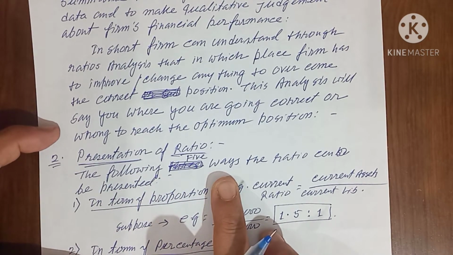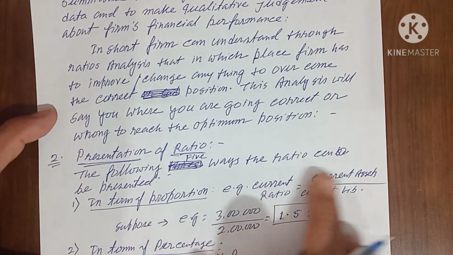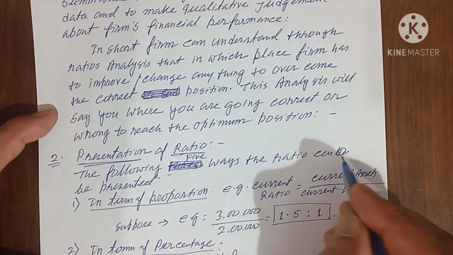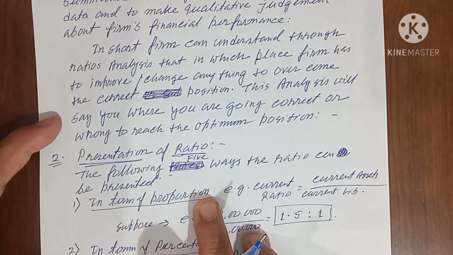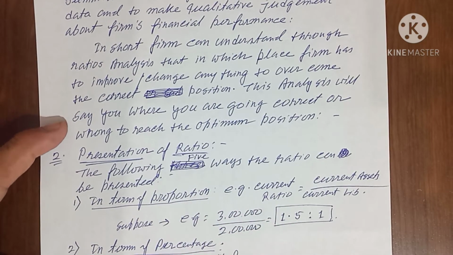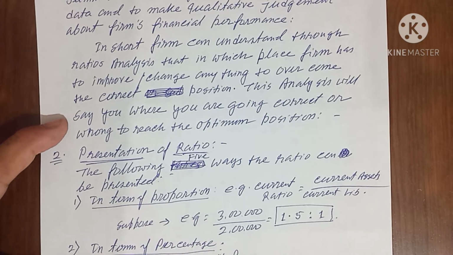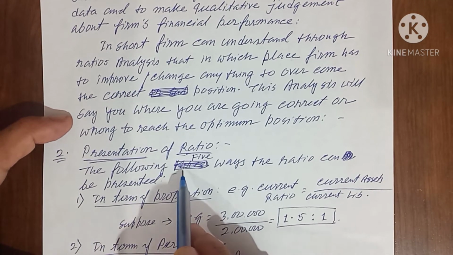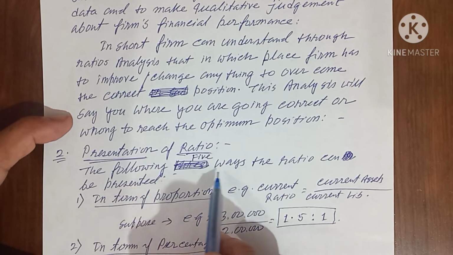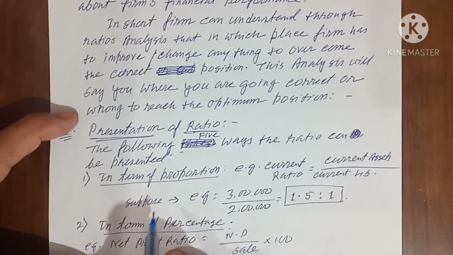In total there are 5 ways that a ratio can be presented. So you can present the ratio in 5 different ways. Which ratio you are going to compare, which of these 5 will be suitable, depends on that. So that is the question: the following 5 ways the ratio can be expressed.